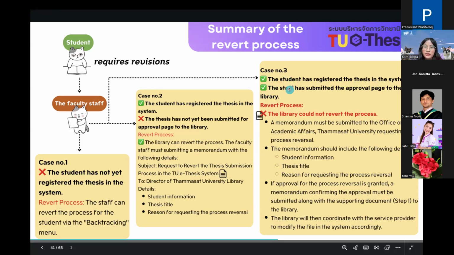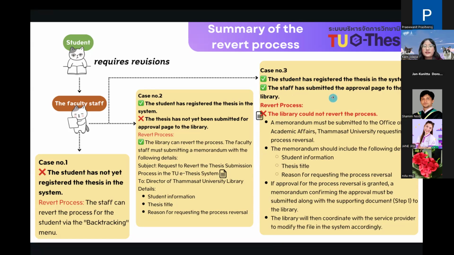And for case number 3, the student has already registered the thesis in the system, and the staff has also submitted the approval page to the library. So for the reverse process, the library could not reverse the process, but the faculty has to write a memorandum to be submitted to the Office of Academic Affairs, Thammasat University Library, Thammasat University, requesting the process reversal.